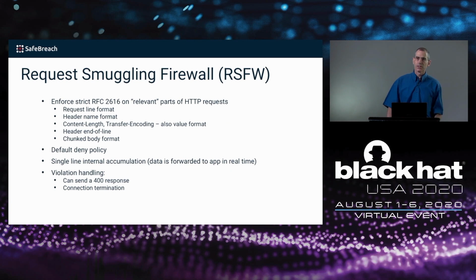On top of the socket abstraction layer, I implemented another class called the Request Smuggling Firewall that uses the socket abstraction layer to implement the Request Smuggling Firewall, surprisingly. It enforces the strict RFC 2616 on the relevant parts of the HTTP request, like request line format, header name format, content length, transfer encoding, header end of line, and chunk body format.